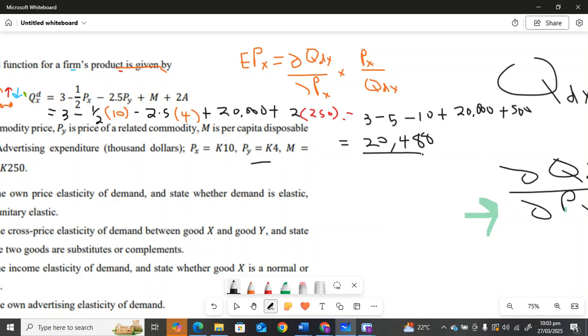So this 20,488 represents the quantity demanded of good X.